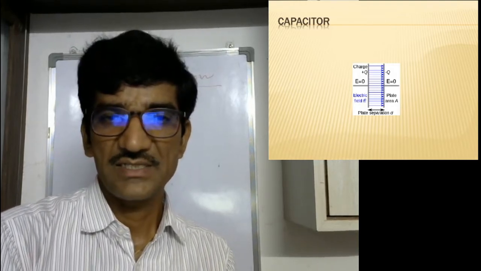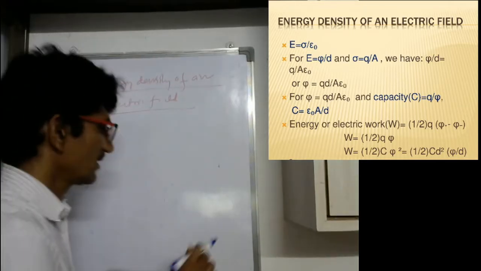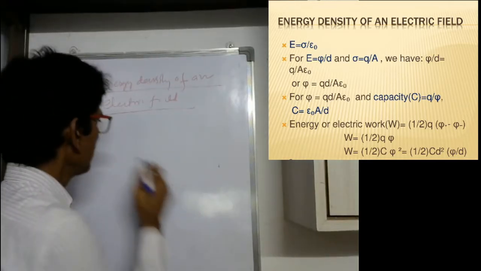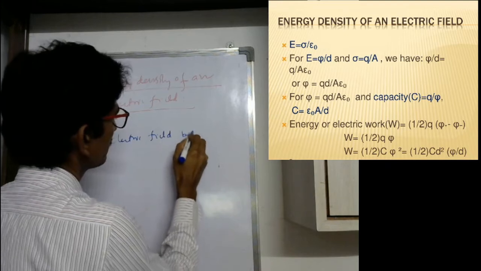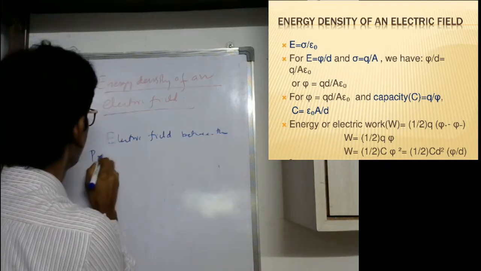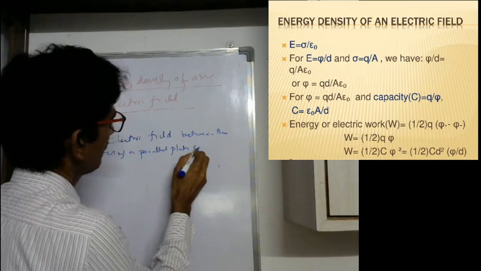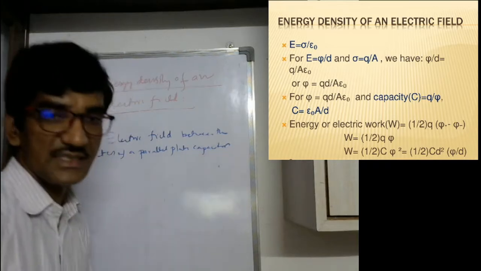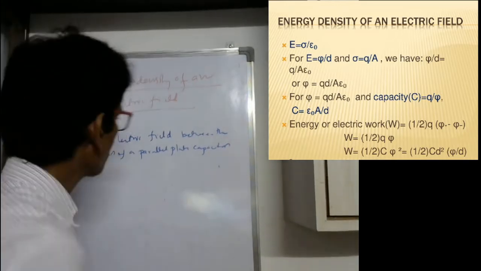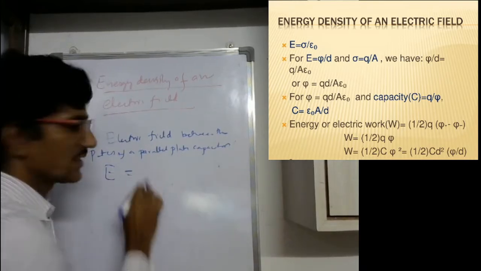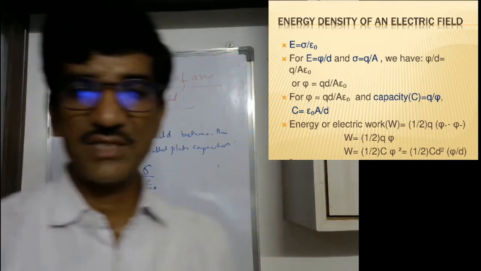The electric field between the plates of a parallel plate capacitor, E, is equal to sigma by epsilon naught.